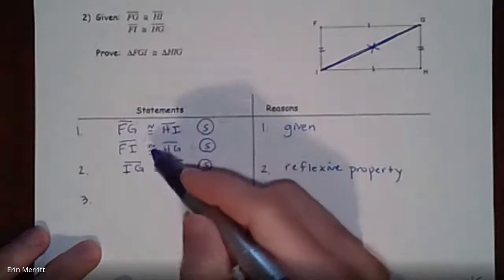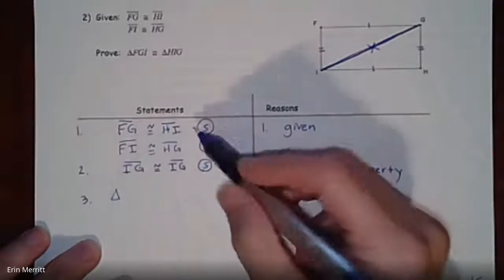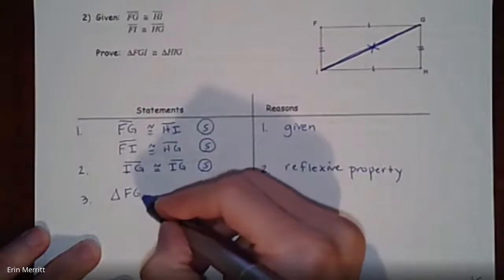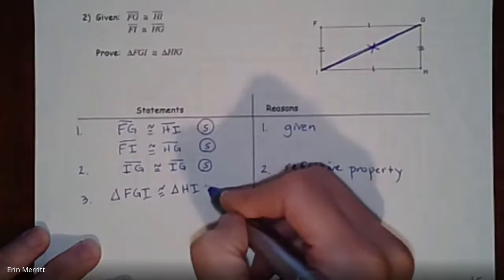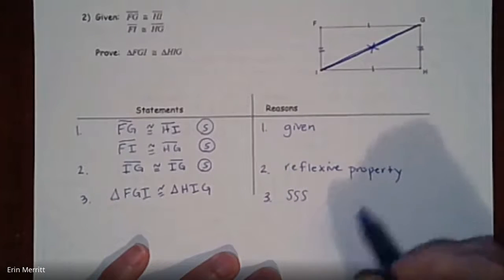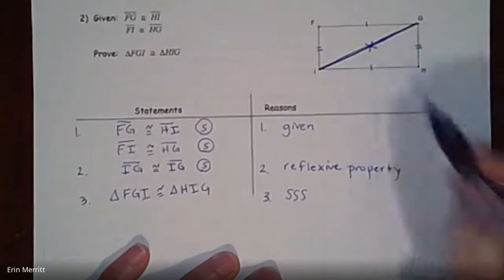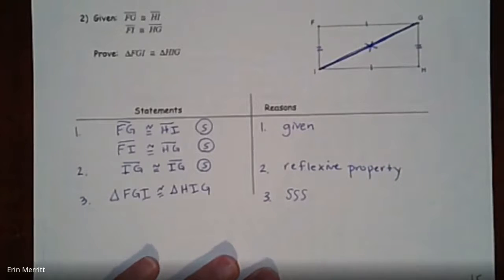So based on our givens and based on the reflexive property, we can say that we have all three pairs of sides congruent. So we can say triangle FGI is congruent to triangle HIG. And then my reason over here is side, side, side of one triangle is congruent to side, side, side of the other. So feel free to leave it with just SSS, or you can show both parts of that.